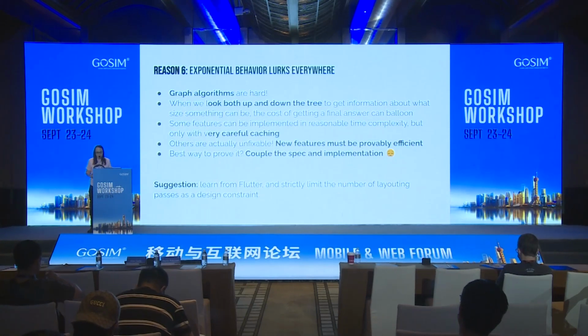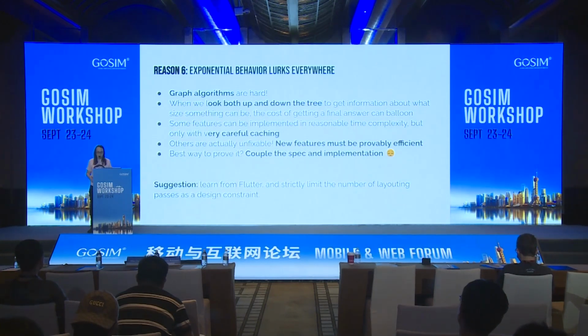And, well, how do you prove that something is not exponential? In a system of any complexity, and in a system without a lot of elegance, the only good way to do that is to write the code and then measure it.